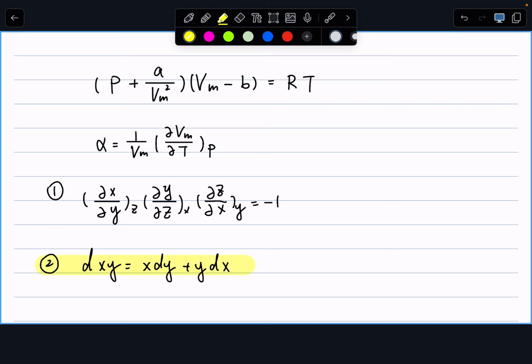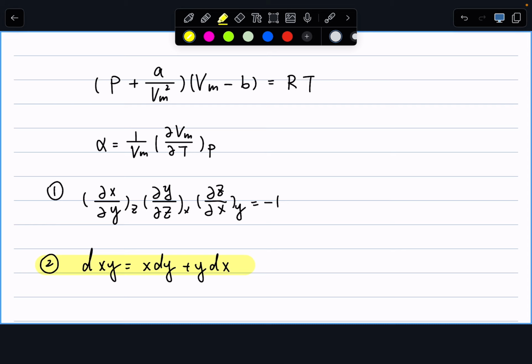And then just moving terms around, we got what we want. We got this partial derivative and expressions in front and outside of it.